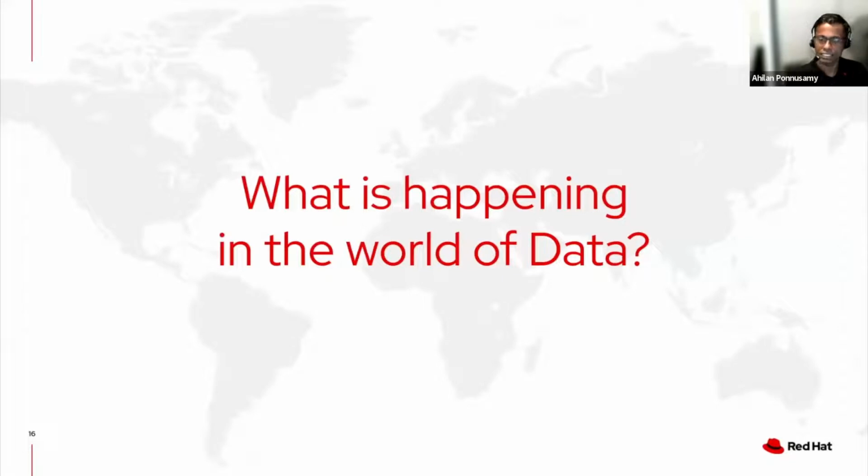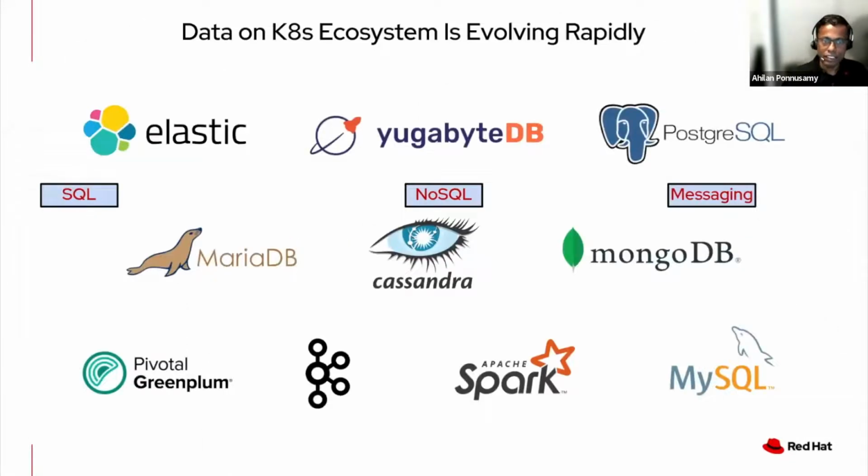Next slide, please. The data ecosystem is also evolving faster and becoming more and more Kubernetes native. If you look across SQL, NoSQL, and messaging ecosystems, be it traditional database vendors, modern database vendors, or messaging systems, they are all making sure their technologies can now be deployed on top of a Kubernetes ecosystem to achieve two things.